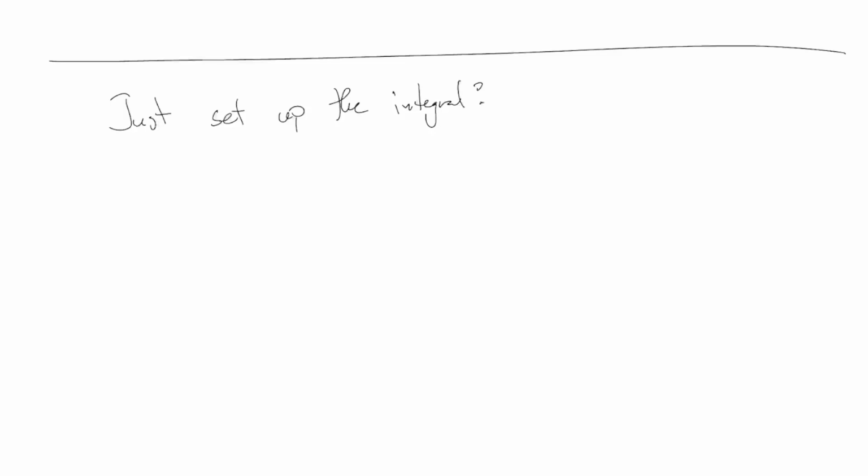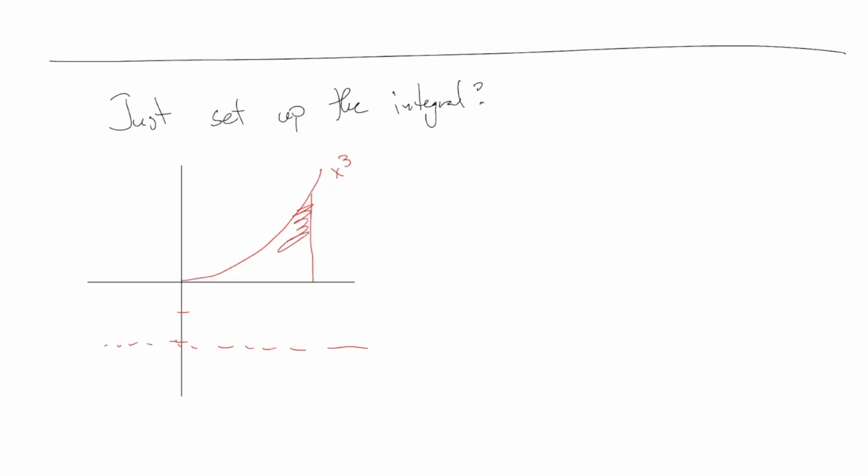How about this one is very similar to the one we just did. So it's this region here, rotated around -2. And this goes from 0 to 2. Right? That's one.